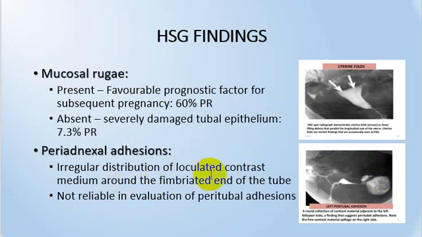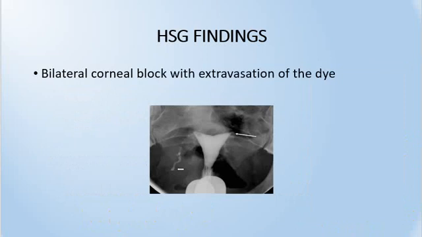There is irregular distribution of the loculated contrast medium around the fimbriated end of the tube. However, it's not reliable in evaluation of the peritubal adhesions. And this HSG picture shows bilateral cornual block, and there is some extravasation of the dye.